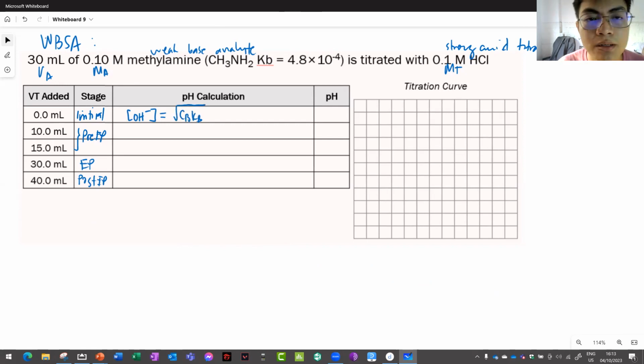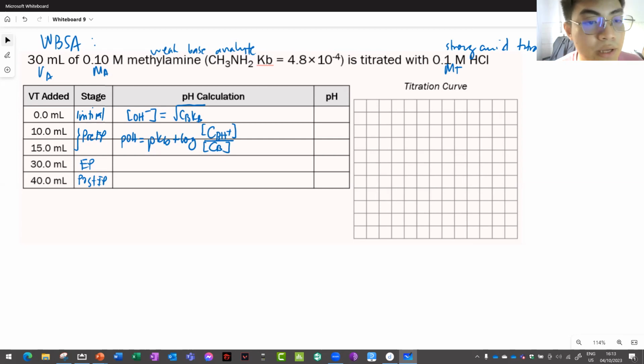For the pre-equivalence point, this is the Henderson-Hasselbalch equation. So pOH equals pKb plus log conjugate acid over the base.